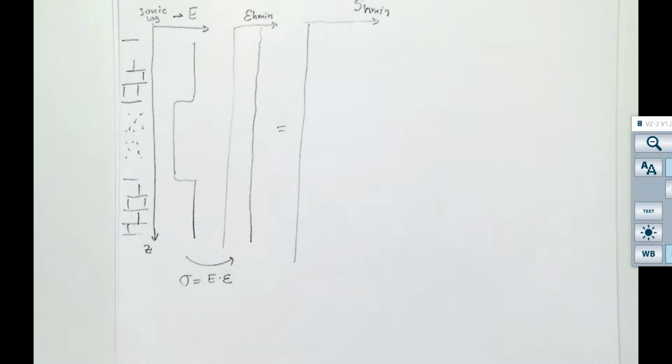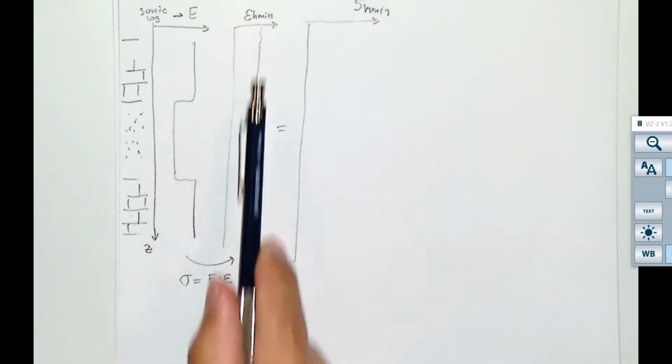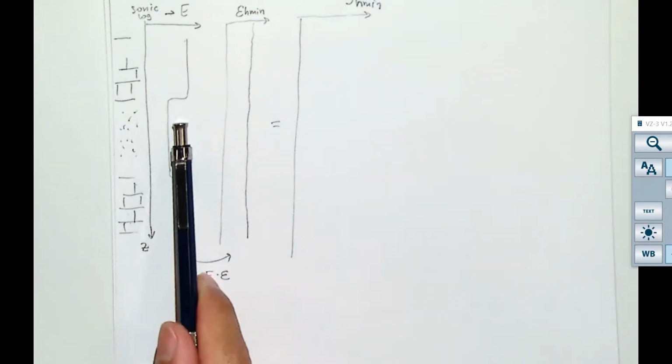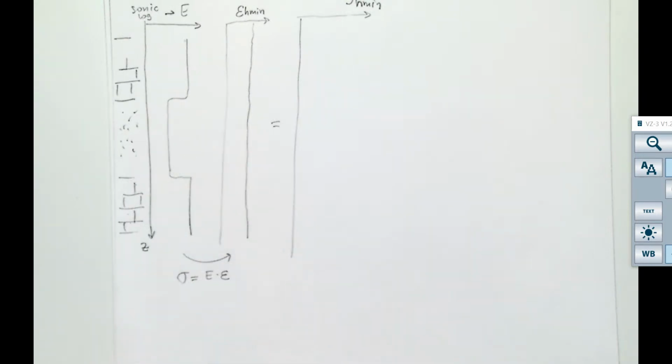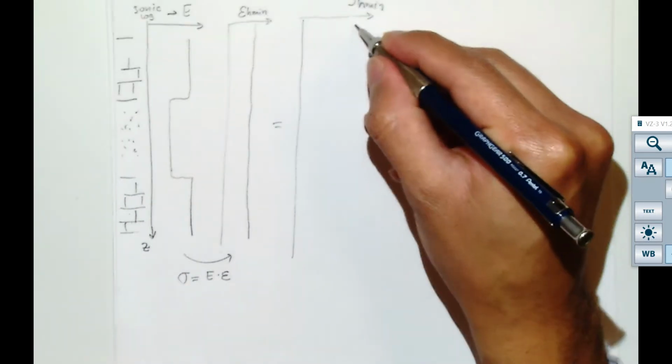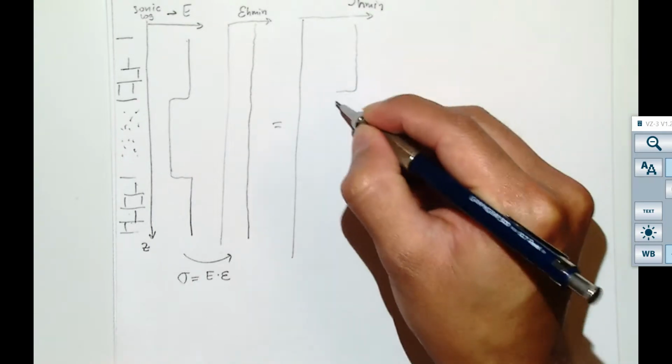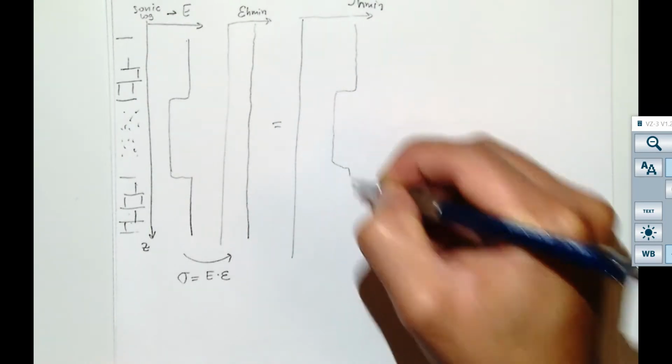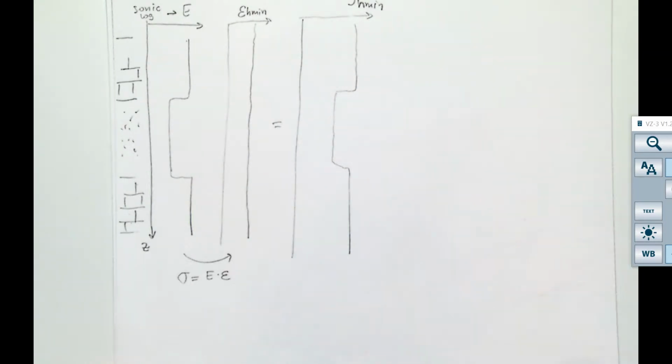If the strain is the same and the stiffness changes, then in the carbonate we're going to get a higher stress than in the sand.